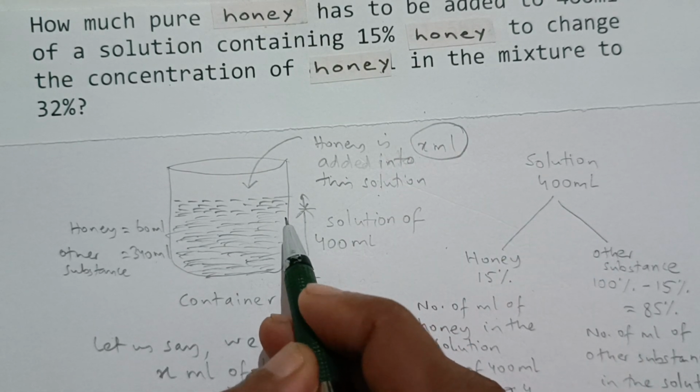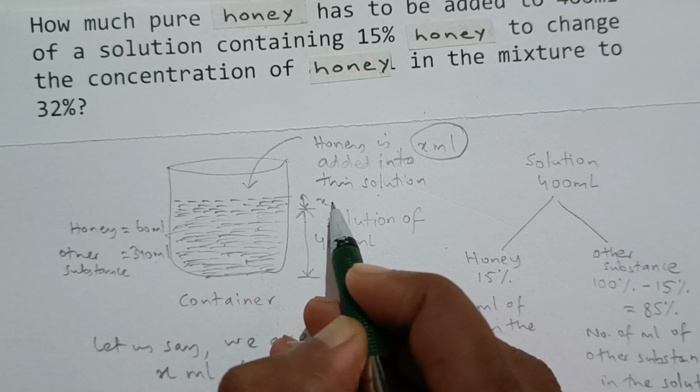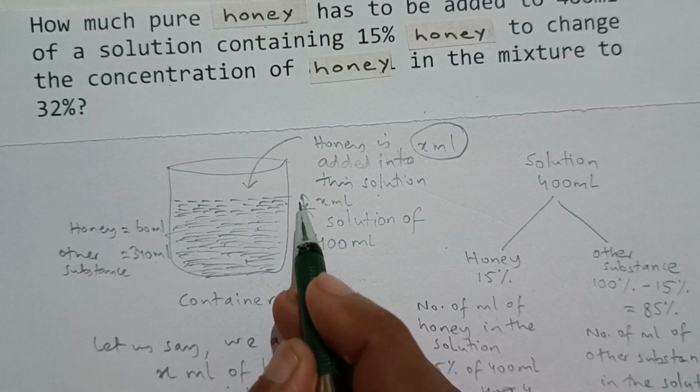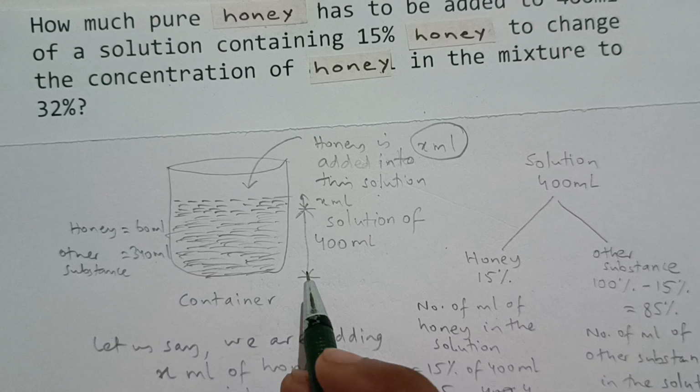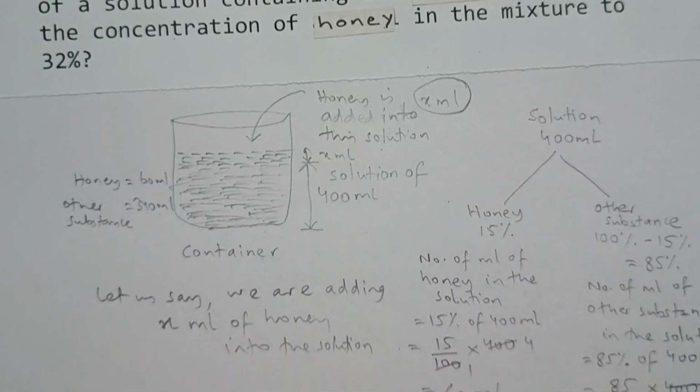So the honey added into this solution is X milliliters. Therefore the increase in this solution will be X milliliters. So now our solution will be 400 milliliters plus X milliliters.